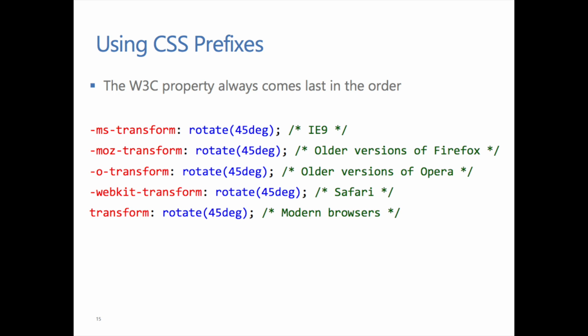So one of the best practices for you to observe is, for example, transform. This is one of the CSS features. You should always keep what's supposed to be the final version, called transform.